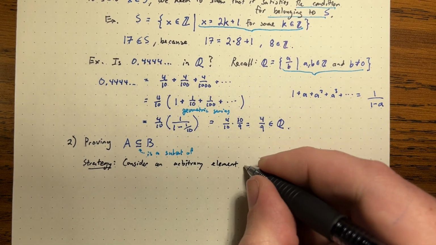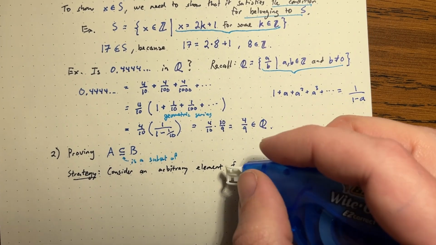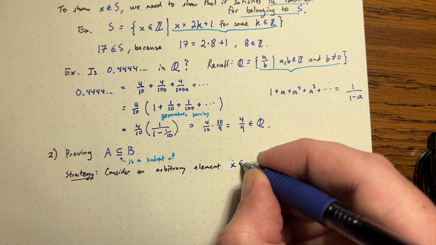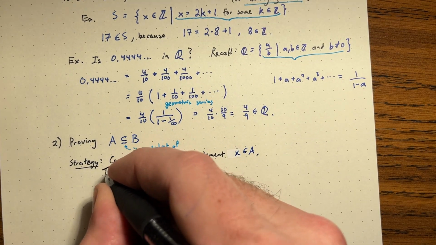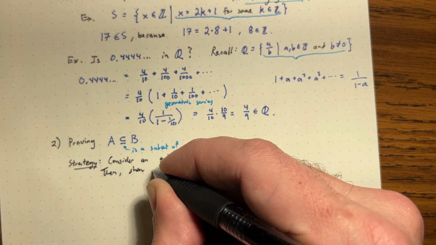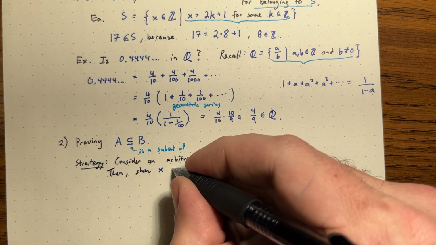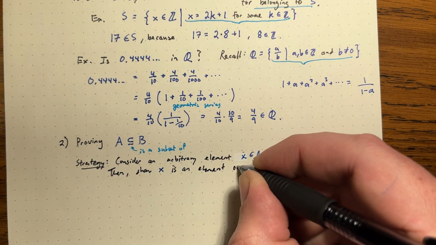So let me give it a name: an arbitrary element x in A. And what do I do with that arbitrary element? Then I show that x is also an element of B.